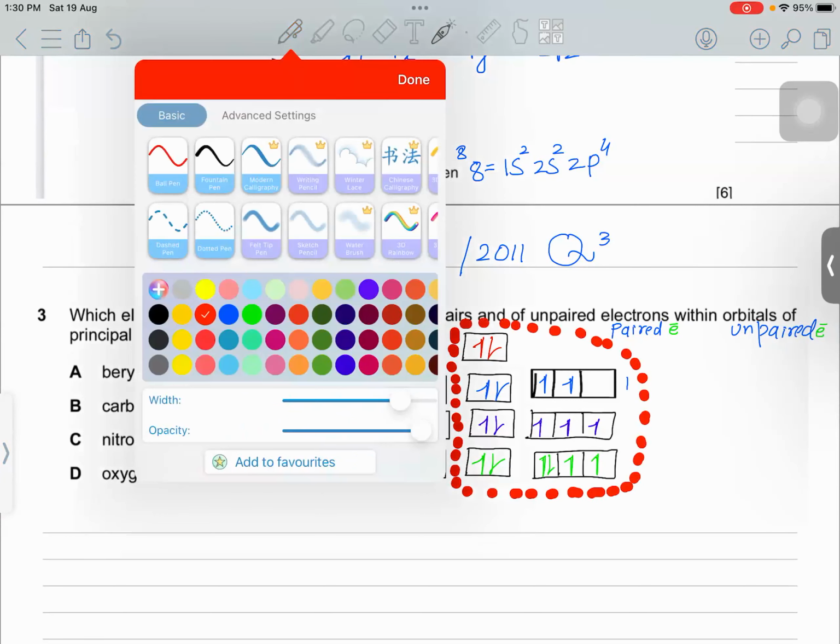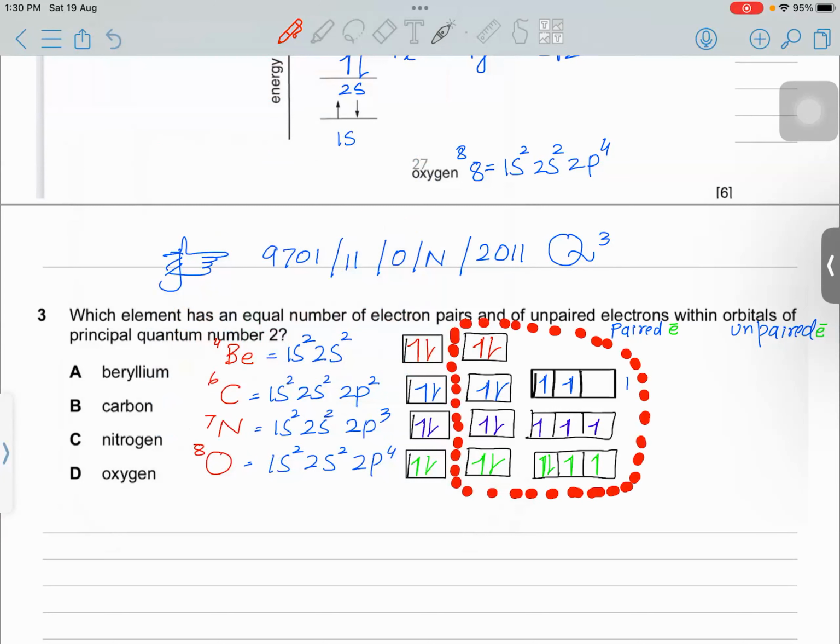Now, can you tell me the paired electrons in the first one? In the first one, there will be two paired electrons and zero unpaired. In the second one, it will be two and two.